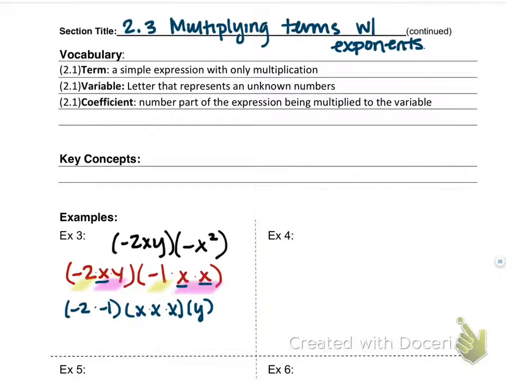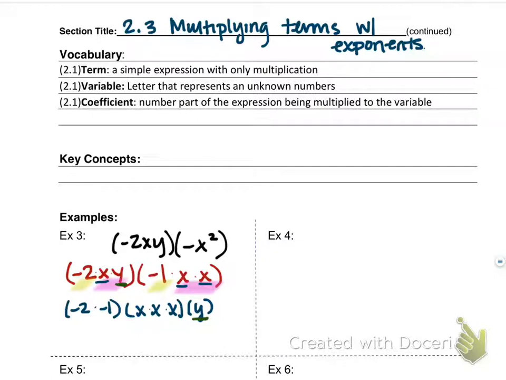So I underlined and highlighted just so I don't get confused, because as you'll notice, it can be challenging to identify, did I answer all of my terms? Did I combine them and group them together? So here is this last y that I put right here. And now I can go ahead and multiply my coefficients, and I get negative 2 times negative 1 as a positive 2.